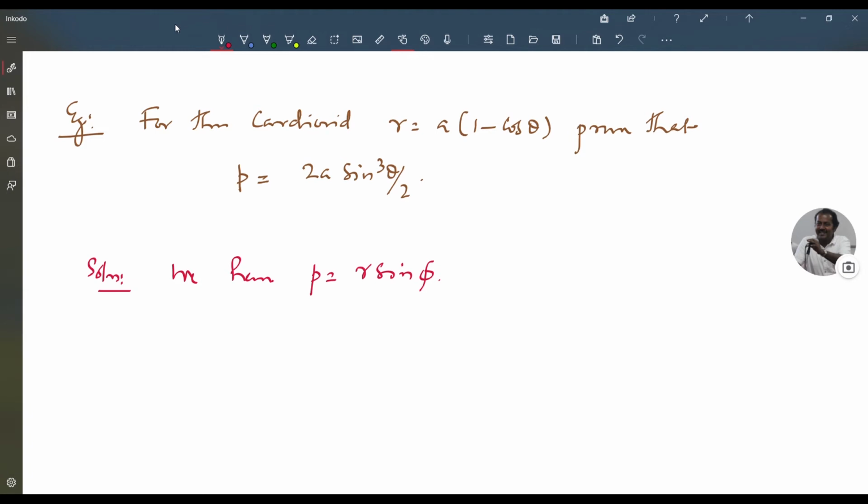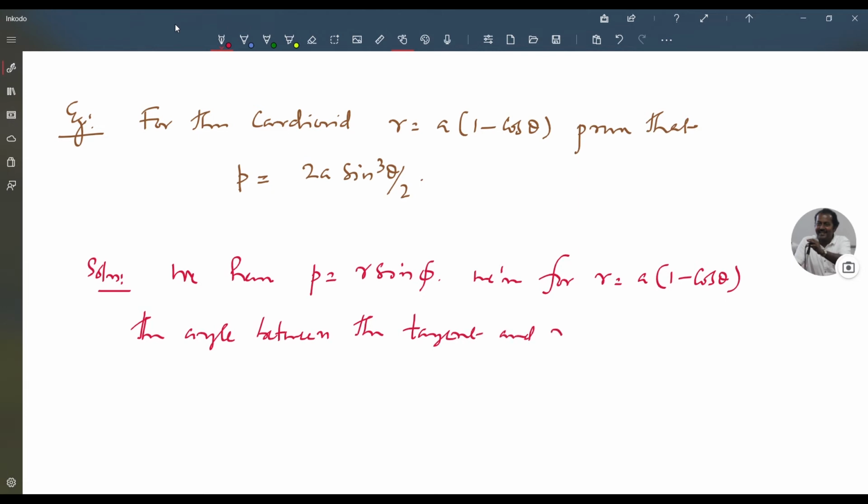From our discussion in the previous class, for r equal to a into 1 minus cos theta, the angle between the tangent and radius vector at (r, theta) is phi equal to theta by 2.